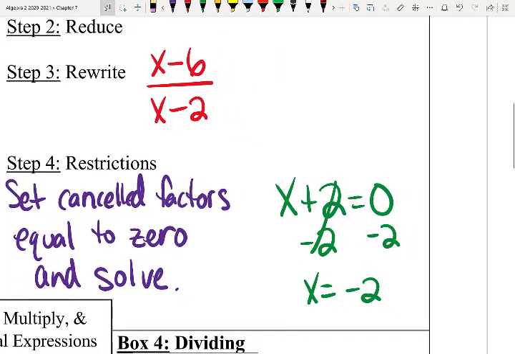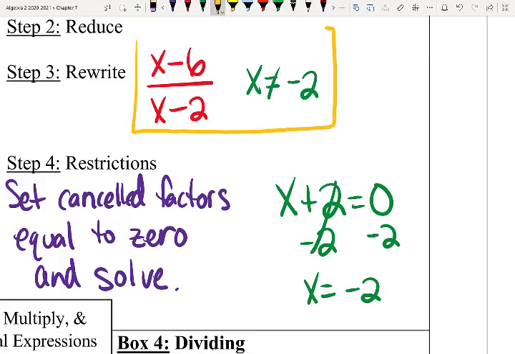The way that we'll write this up, once you've identified what that restricted value is, in my answer, I'll just add in and say, this is my simplified answer, but x cannot be -2. Because -2 is that restricted value that would have made my original problem 0 in the denominator. And that then is my final answer.